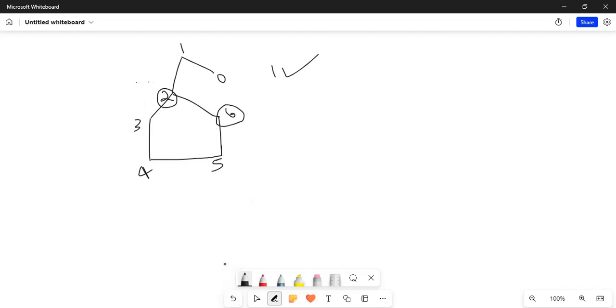BFS. If you try to make a BFS call from 2, let's assume 2 is the center. So 2 is at 0 distance from 2, at level 0. Now what are the neighbors of 2? 1, 3 and 6.